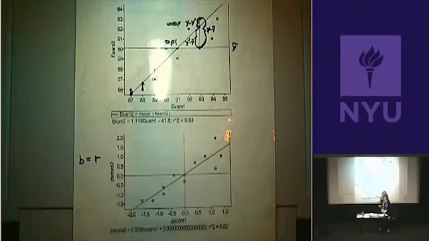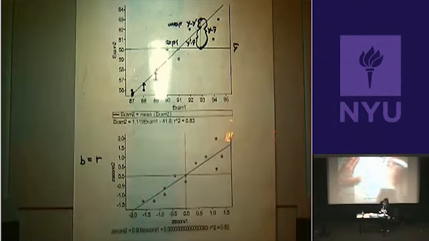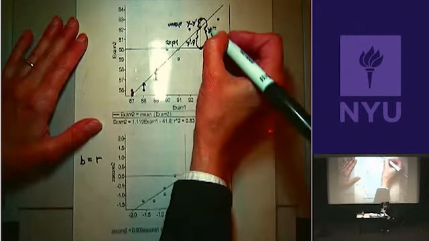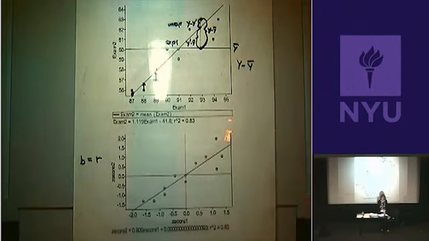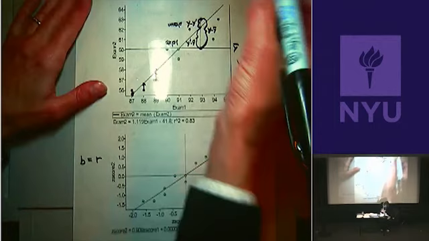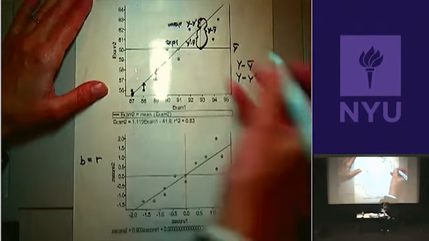The total variance. Each of these little things is broken up into two components. This difference here is broken up into two components. Here is the difference from this point to that point.